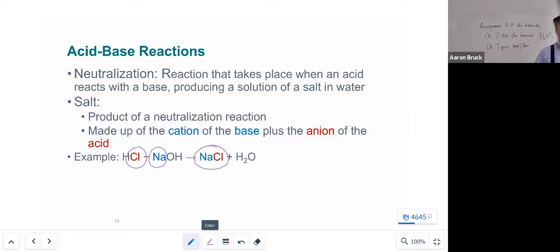And your solubility rules certainly would help with that. And the other thing that is formed usually in these cases is water. Water is a molecular compound, and by definition, a non-electrolyte. So out of two very electrolytic substances, I get a non-electrolyte, that's a sign of a chemical reaction. That's a sign of a chemical change.